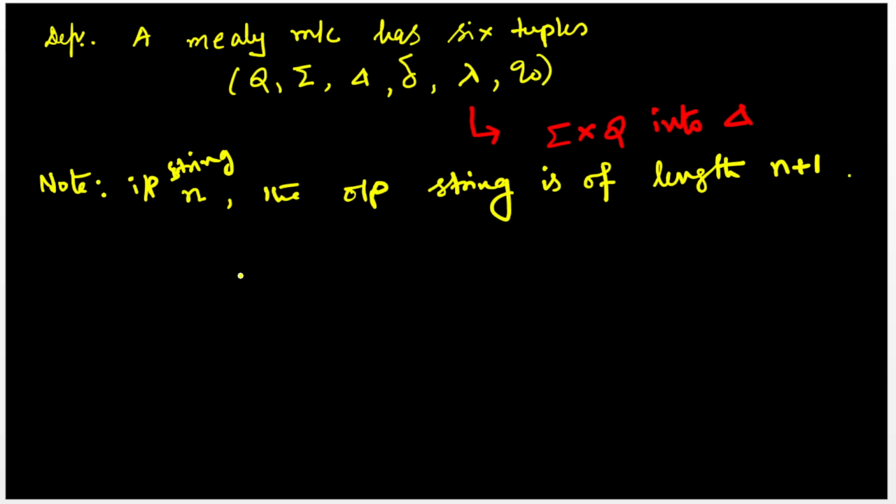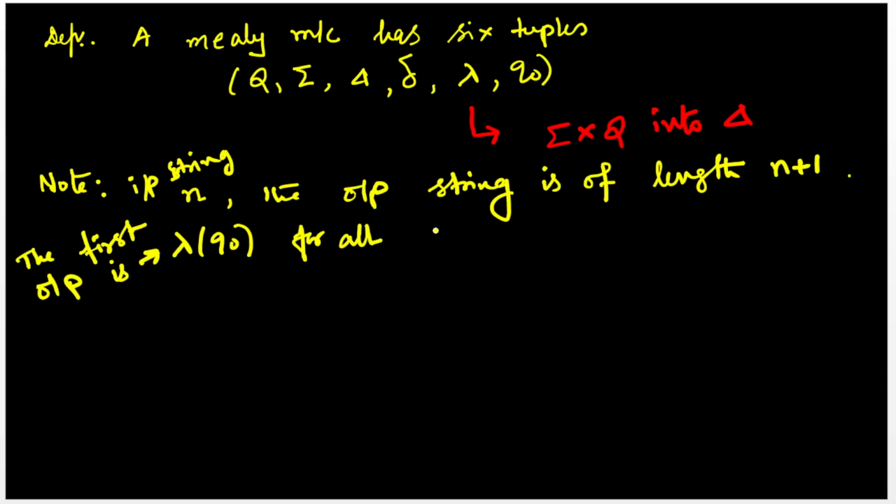The first output is lambda q naught for all output strings.